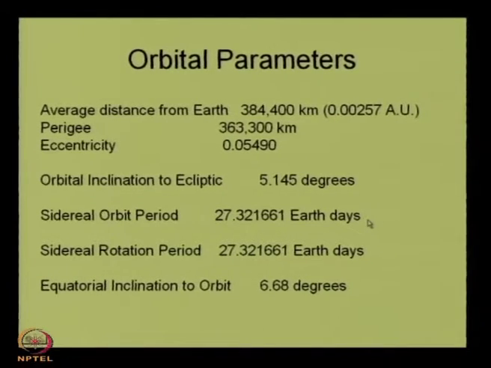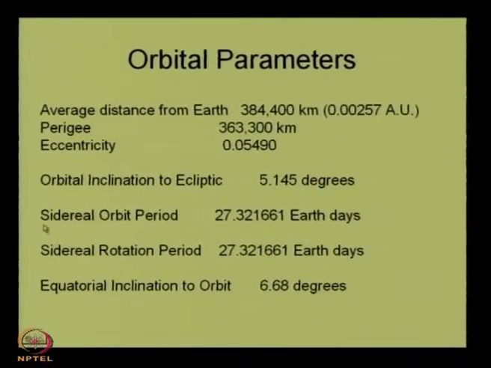The moon also rotates around its own axis, and the direction of rotation is the same as the orbital motion. The sidereal rotation period, that is the time it takes to do one rotation with respect to the fixed stars, again is 27.3216 days.